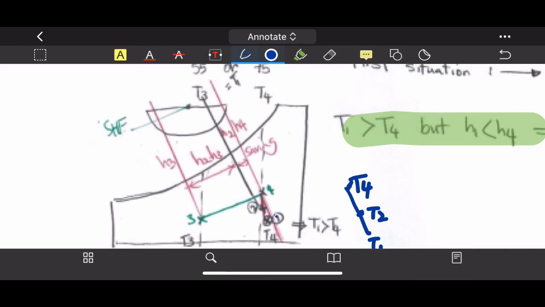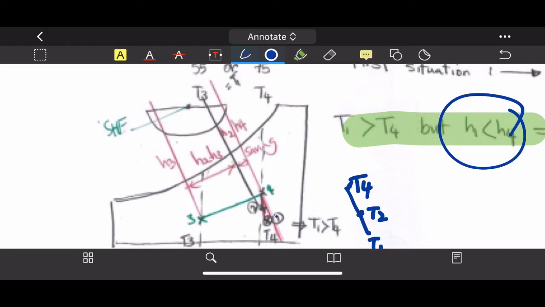And usually, we must make sure that T1 is as close as T4, but not to overshoot, not to be less than. For this enthalpy, you must make sure H1 is less than H4. You can have T1 bigger than T4, but H1 bigger than H4 because outdoor air is very hot.